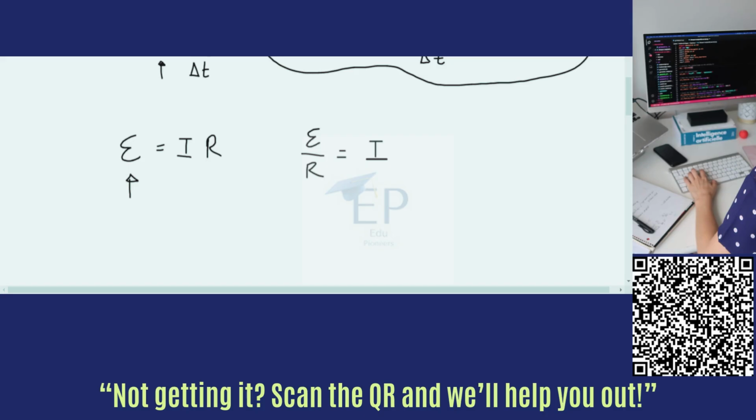So if we plug in our value for the resistance and 0.413 for our induced EMF, we'll get that the induced current is equal to 0.8604 amps. This is kind of an intermediate result.